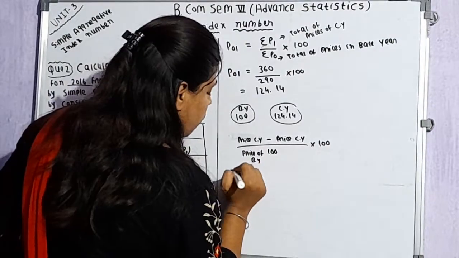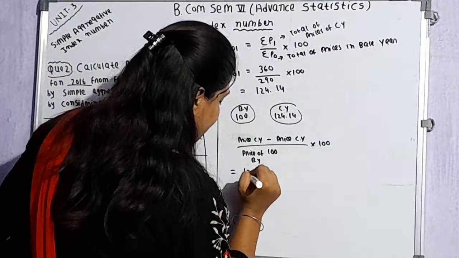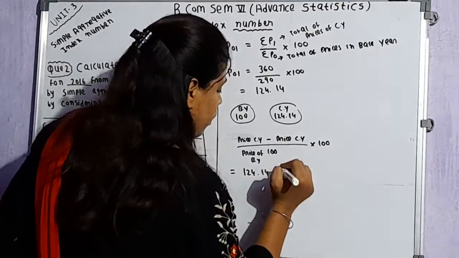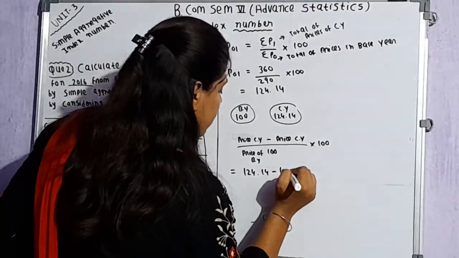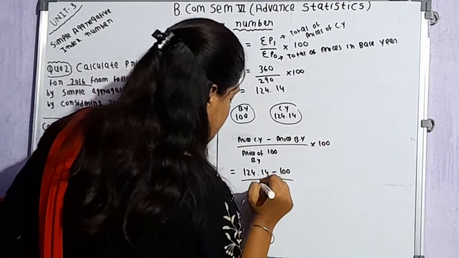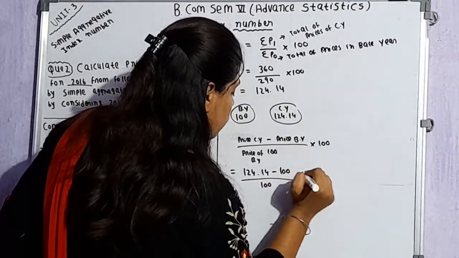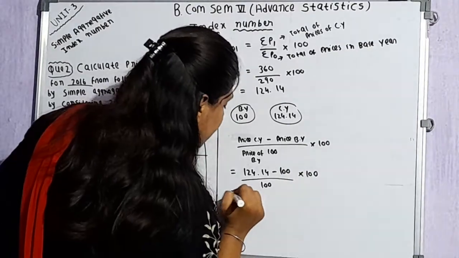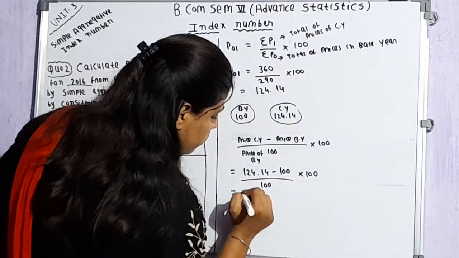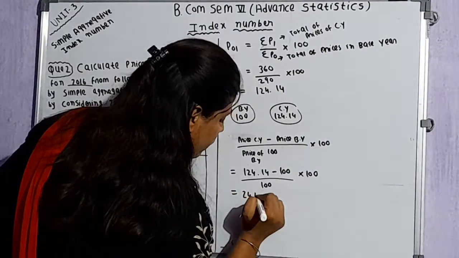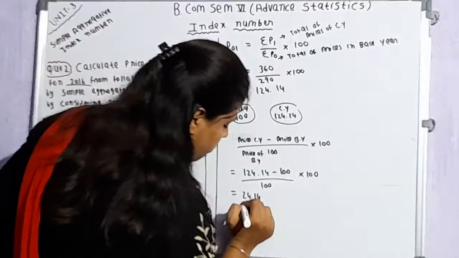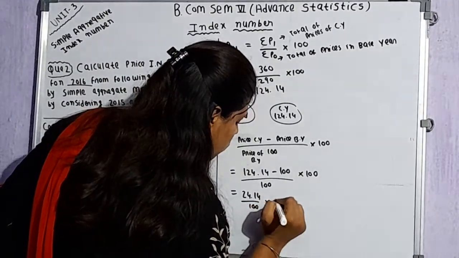The price of the current year is 124.14 and the price of the base year is 100. So 124.14 minus 100 equals 24.14, upon 100 into 100.